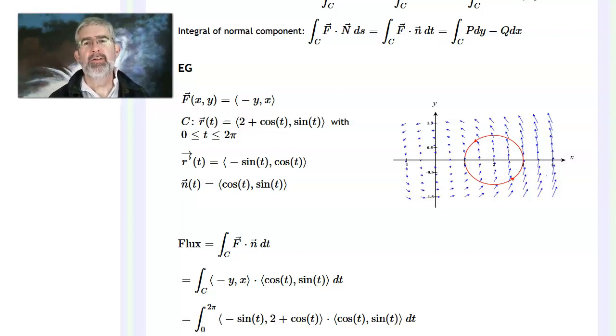The vector field is minus y comma x, so it's these in circular motion around the origin, where the stuff in the middle is moving slowly and the stuff on the outside is moving fast. And the curve that I chose before, and I'm choosing the same one now, is this circle here of radius 1 centered at (2, 0). So the parameterization I'm choosing is 2 plus cos t for the x-coordinate and sine t for the y-coordinate.